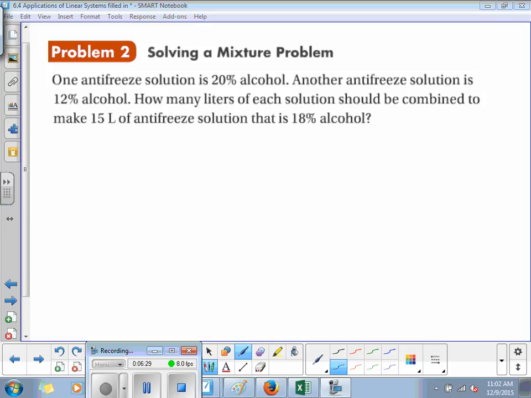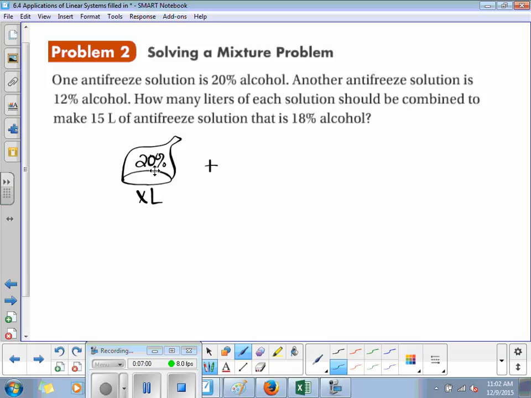All right, so it's easier to see what we're talking about if we draw a picture, okay? So we've got a container here that contains 20% alcohol solution, and it has X liters. So this is X liters of the 20% solution.